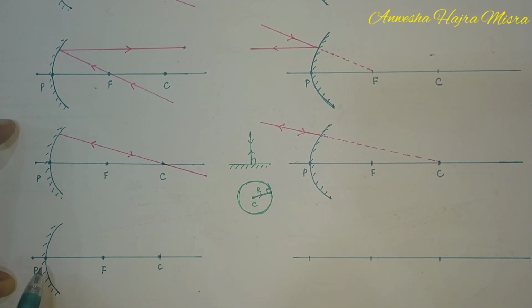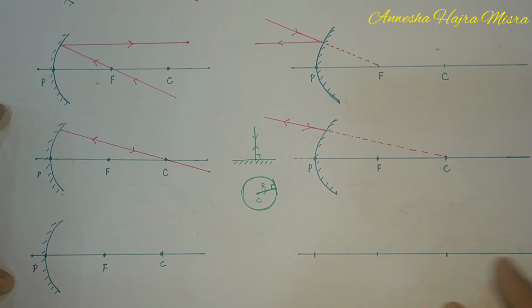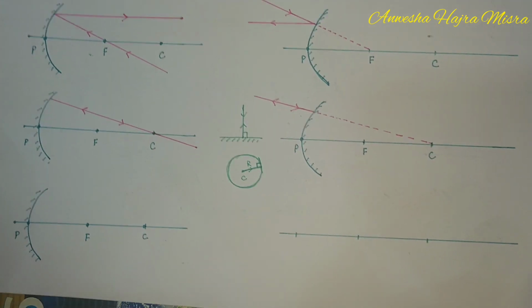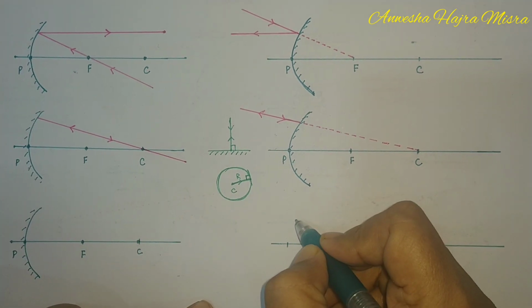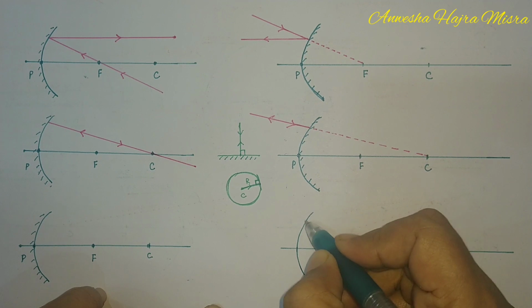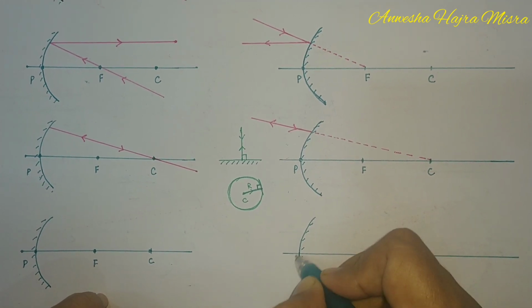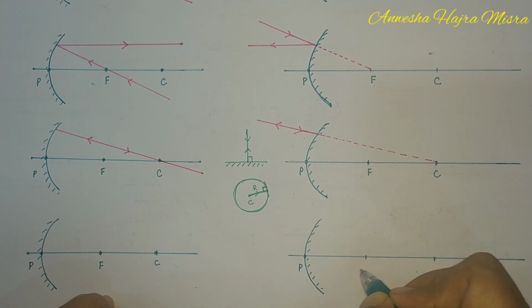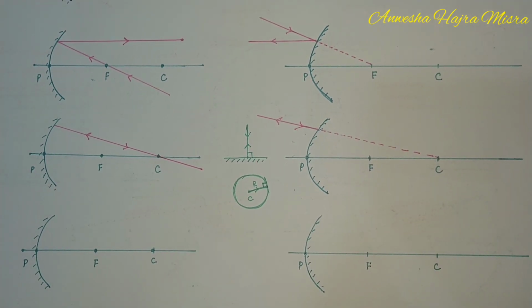See, I have measured PF 3 cm, FC 3. You can keep it 4, 5, whatever you want, but the distance PF should be equal to FC. Now, this is my convex mirror, pole, focus, center of curvature.